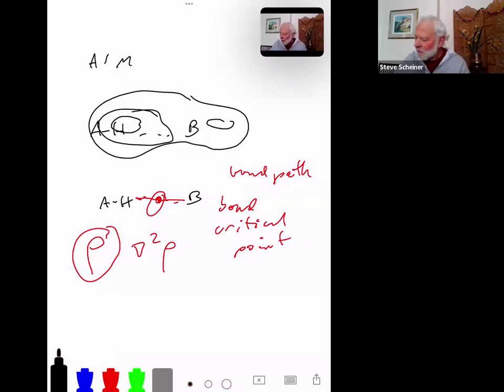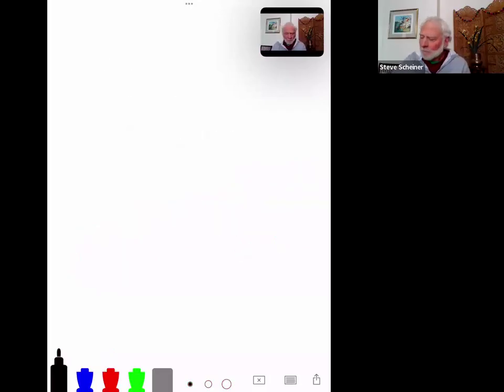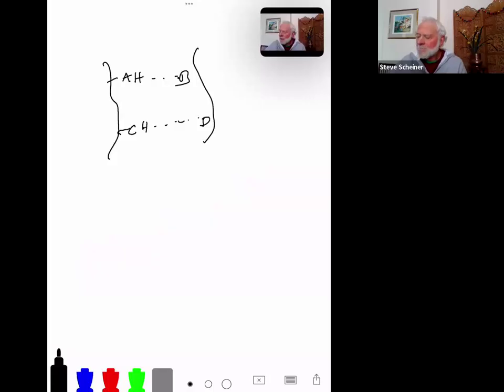Where that is particularly useful is this: let's say we have AH here, and here's another molecule with a B, CH, D. So here's a pair of molecules which potentially have two hydrogen bonds between them. This will have a total strength, how much energy it takes to pull them completely apart.